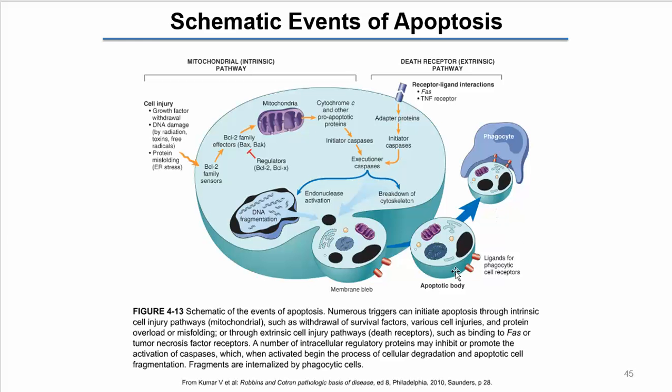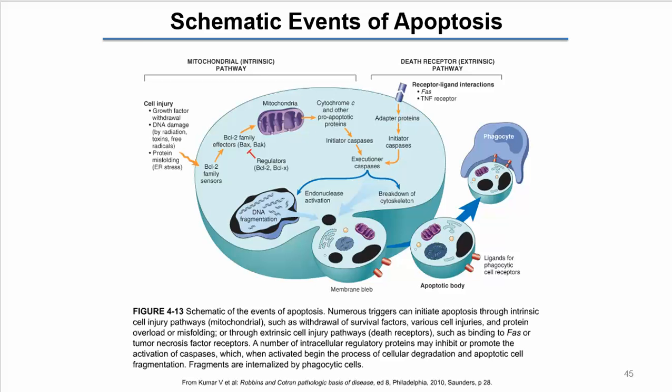So the phagocytes clean this up. But at no point does the cytoplasm end up spilling out into the interstitium and cause inflammation. So these are internalized because it's kind of vesicular transport almost.